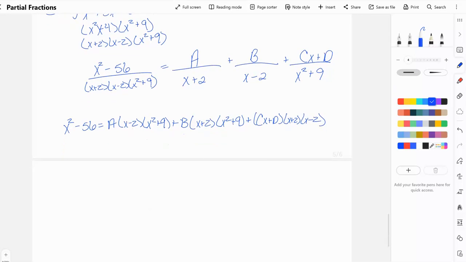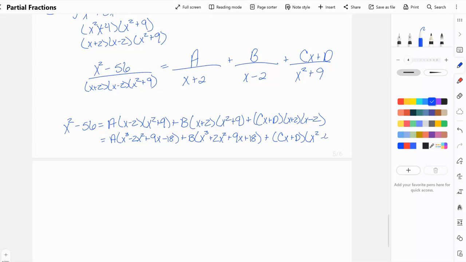And then we're just going to multiply stuff out. So this is going to be x cubed minus 2x squared plus 9x minus 18. This is going to be x cubed plus 2x squared plus 9x plus 18. And this is going to be cx plus d times x squared minus 4, which we're going to have to multiply out.